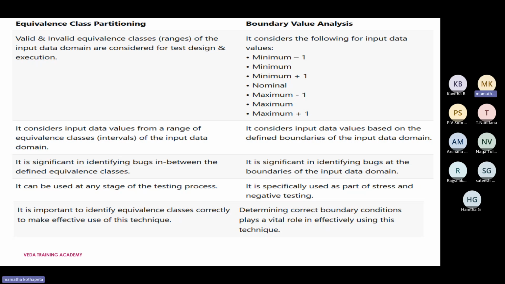It is important to identify equivalence classes correctly to make effective use of this technique. Of course, so you need to understand what the ranges are. You need to have proper data classes defined. Otherwise, you'll end up facing an issue. The same with boundaries, you should define the proper boundaries.